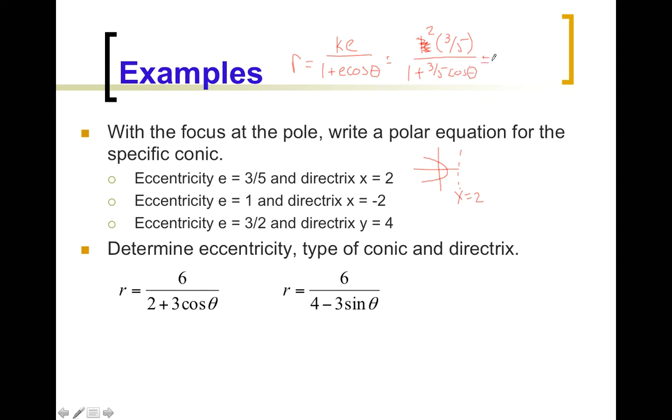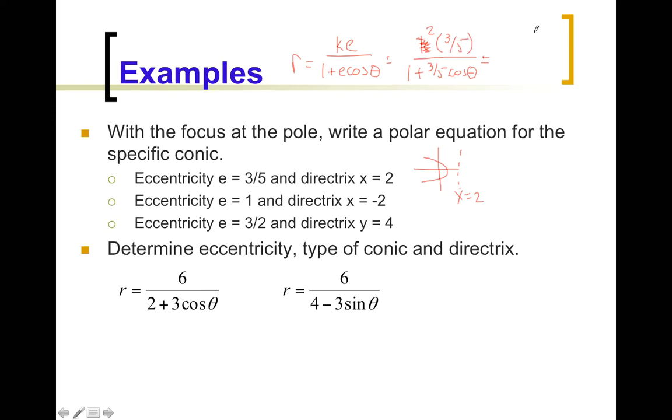And I don't like fractions inside fractions or decimals inside fractions. So I can multiply top and bottom by 5 in order to cancel these 5s out. Well, 2 times 3 times 5 divided by 5, the 5s are going to cancel.